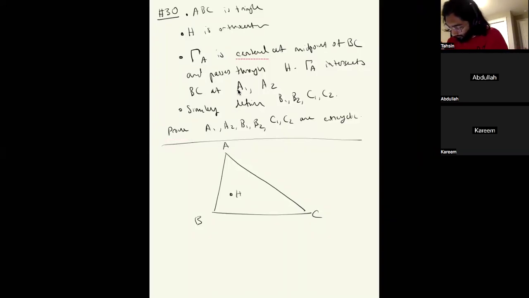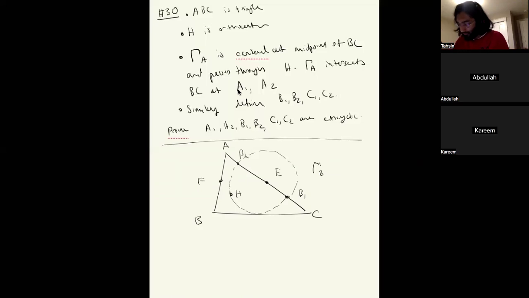Now we have this orthocenter, so let's construct. Actually, I'll construct B1, B2 first. We have this midpoint here, let's call it E, and this midpoint here, let's call it F. First we have this circle that goes like this. This is gamma B, and these are B1, B2.